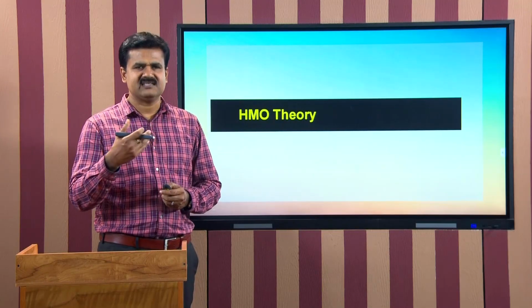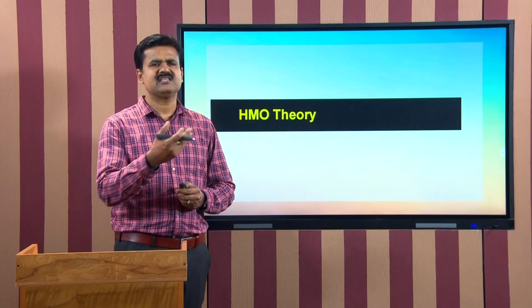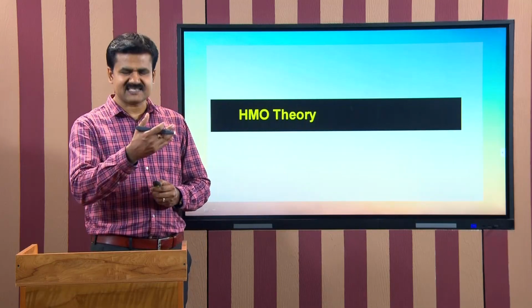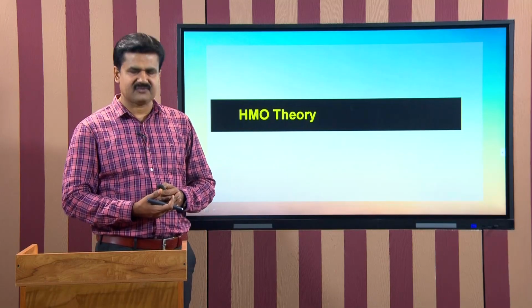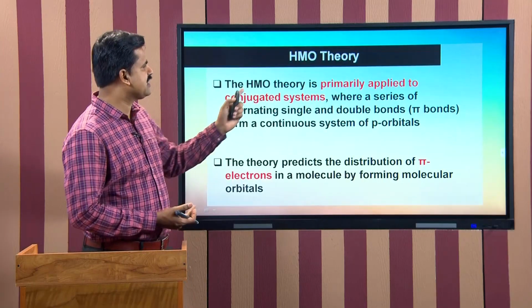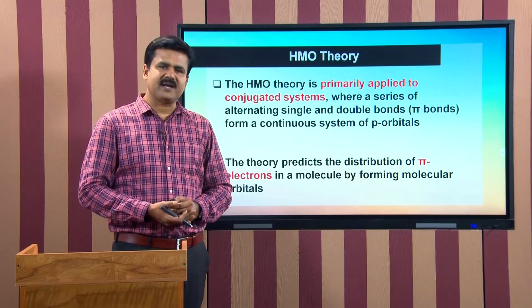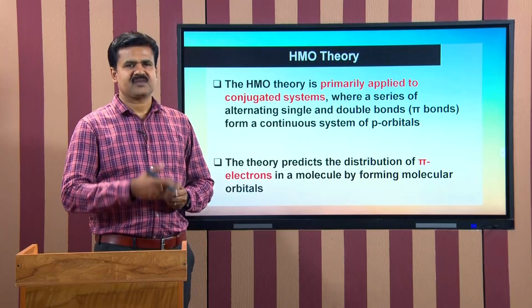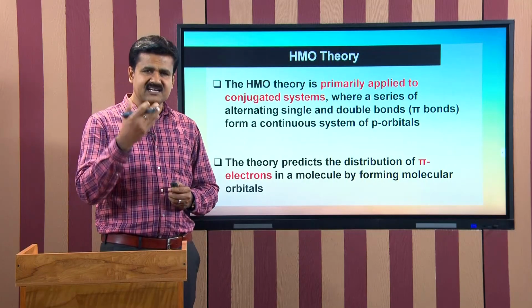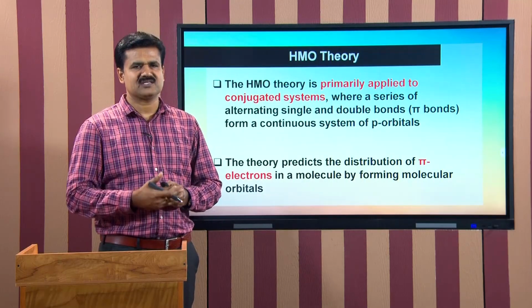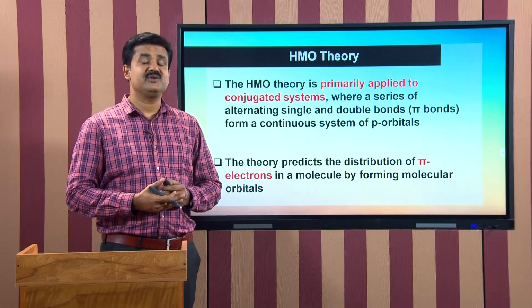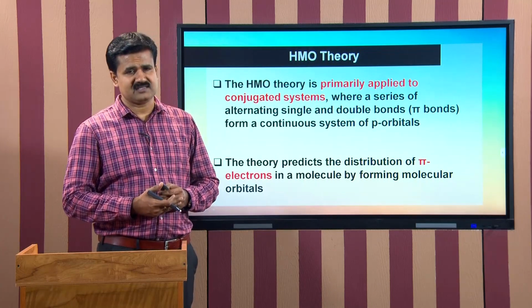Now, we can make a revision of the basic aspects of HMO theory first. HMO theory is primarily applied to conjugated systems where a series of alternating single and double bonds form a continuous system of p orbitals.